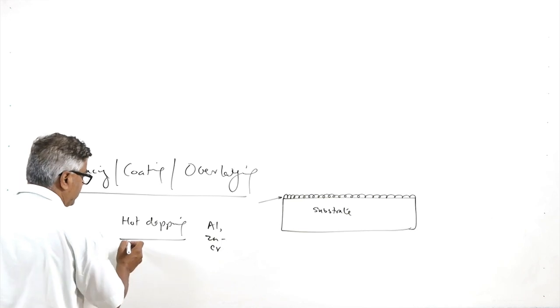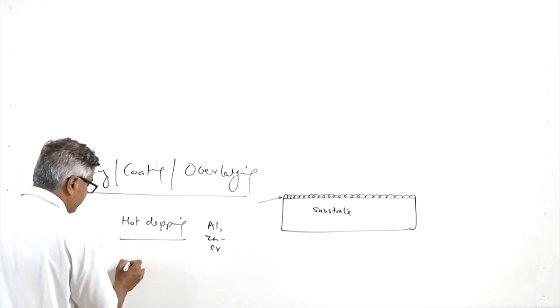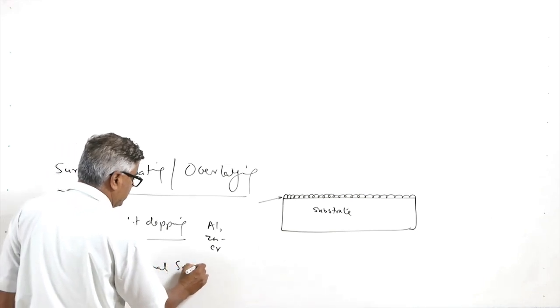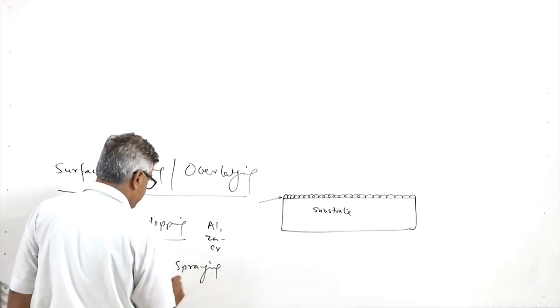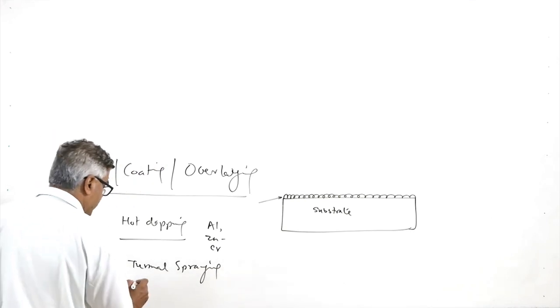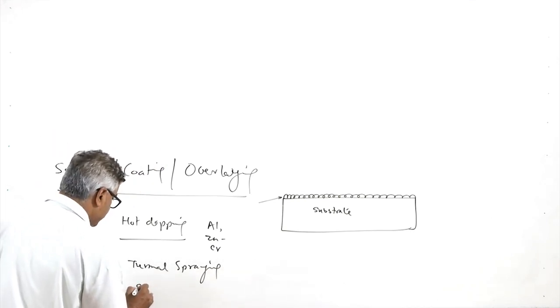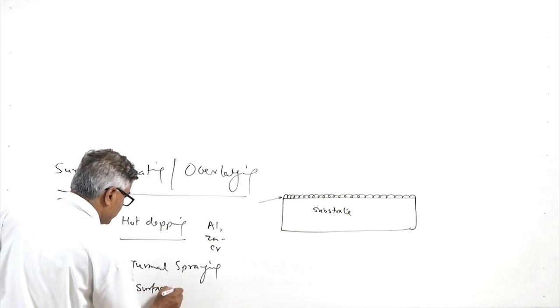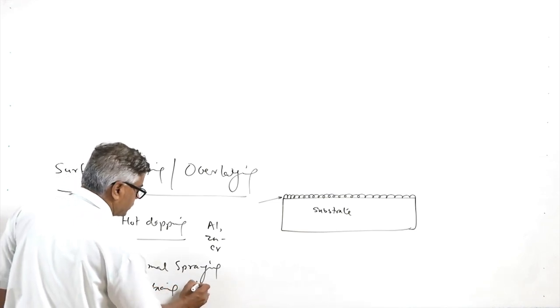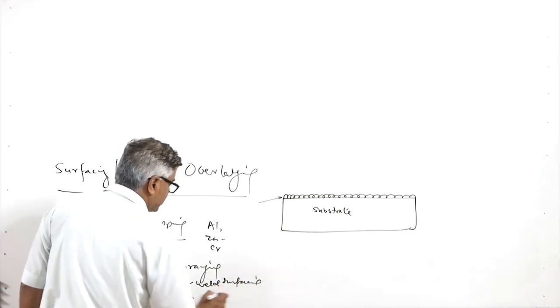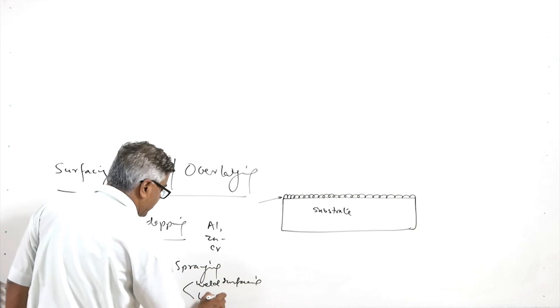Then another category is thermal spraying, and thereafter we have surfacing. There are two categories of processes: one is weld surfacing and another is laser cladding.